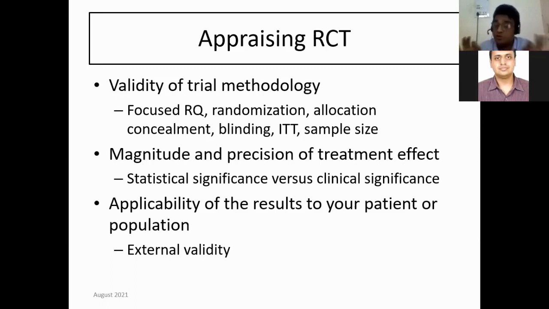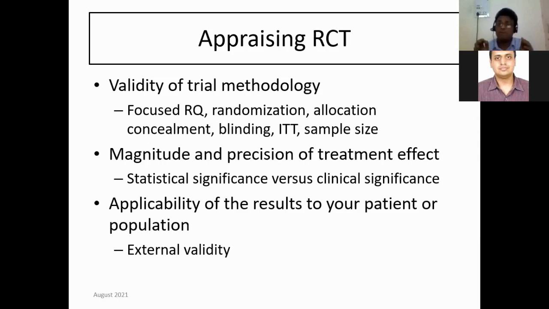You have also clearly stated whether you're going to do blinding or not. How am I going to handle the analysis? Am I going to do intention to treat analysis or per protocol analysis? What is the sample size? If your protocol is not valid with all these things, then we usually do not accept this to be robust. So validity of trial methodology is very, very important.